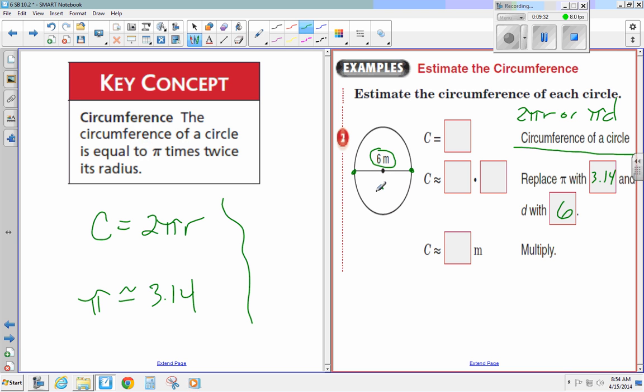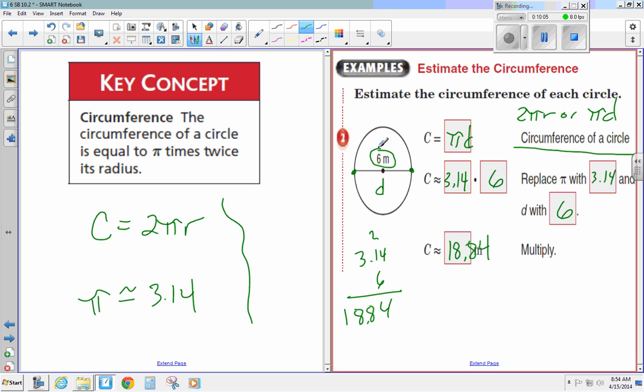By definition, that is the diameter. So we're going to use pi d. We'll replace pi with 3.14, multiply it by 6, and you end up with approximately 18.84 meters.